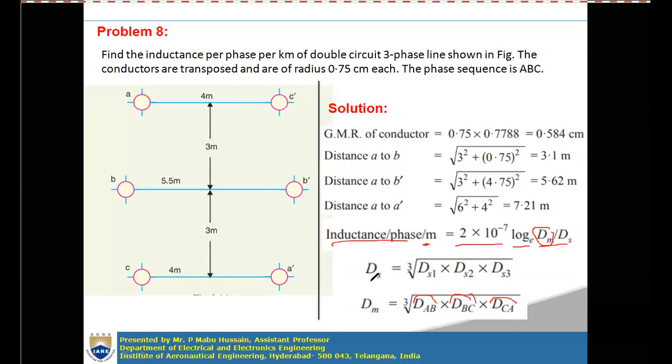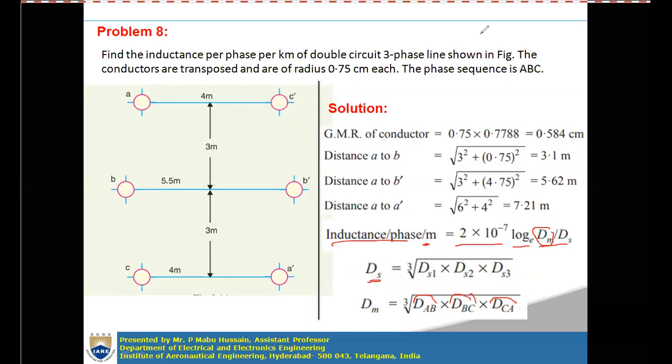In a similar way for Ds, the self GMD: to calculate the self GMD of a double circuit transmission line, you first determine Ds1, Ds2, Ds3, which are the self GMD of phase A, phase B and phase C respectively. Then the cube root of all those three products gives you the final self GMD.